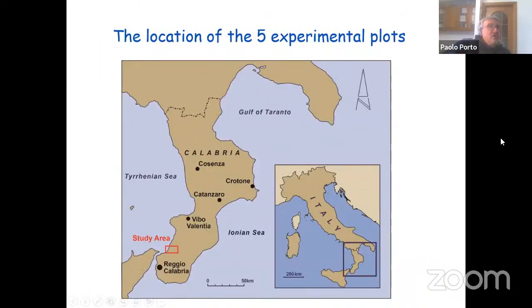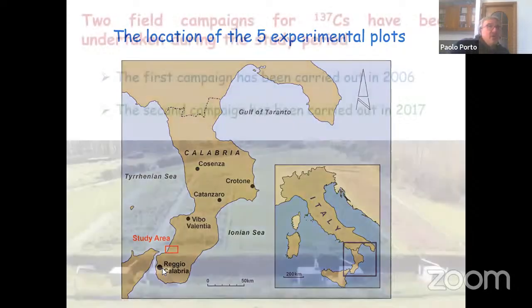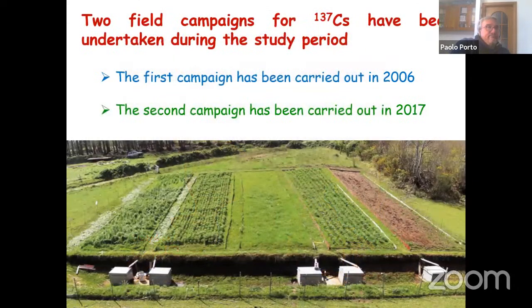So the plots are located, as I said before, right here. This is Italy, this is Calabria region, this is my hometown, Reggio Calabria, and this is the study area, just about 30 kilometers north of my university, okay? These are the plots, okay?